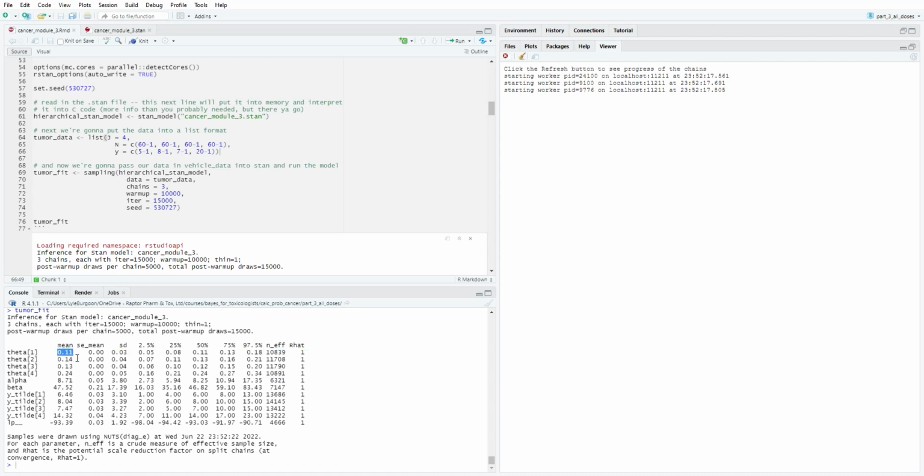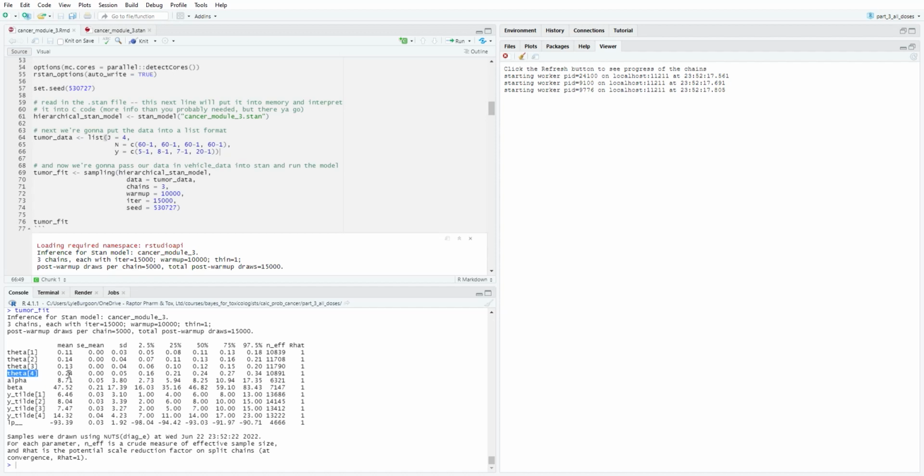And this mean value is the mean for the overall distribution. Theta 1 is, say it with me, vehicle. Theta 2 is, say it with me, low dose. Theta 3 is, say it with me, medium dose. And theta 4 is high dose. Yay!